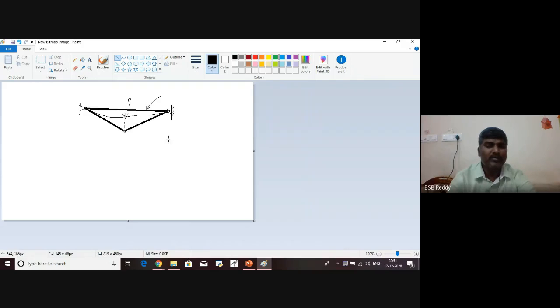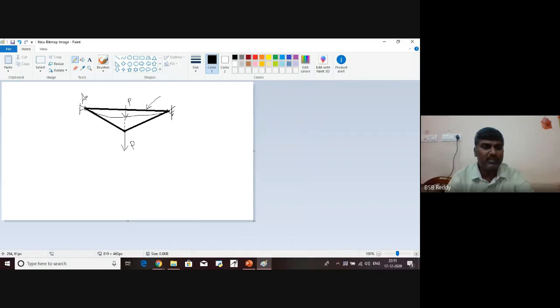Where is the load now? Here is the load now. The load also moves along with the cable. So the cable which was curved before you loaded it has now become two straight lines.